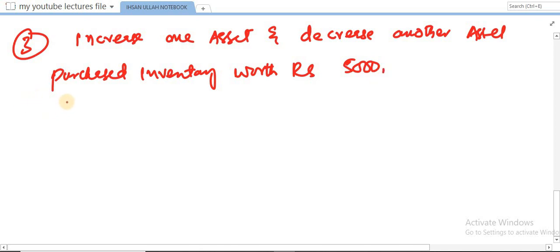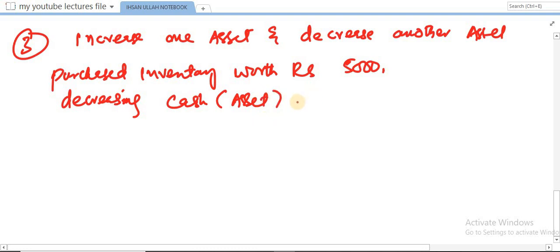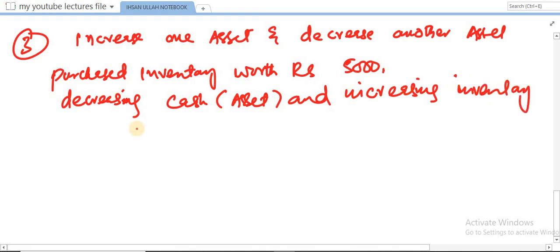So this will decrease cash, which is your asset, and increase inventory, which is again your asset.